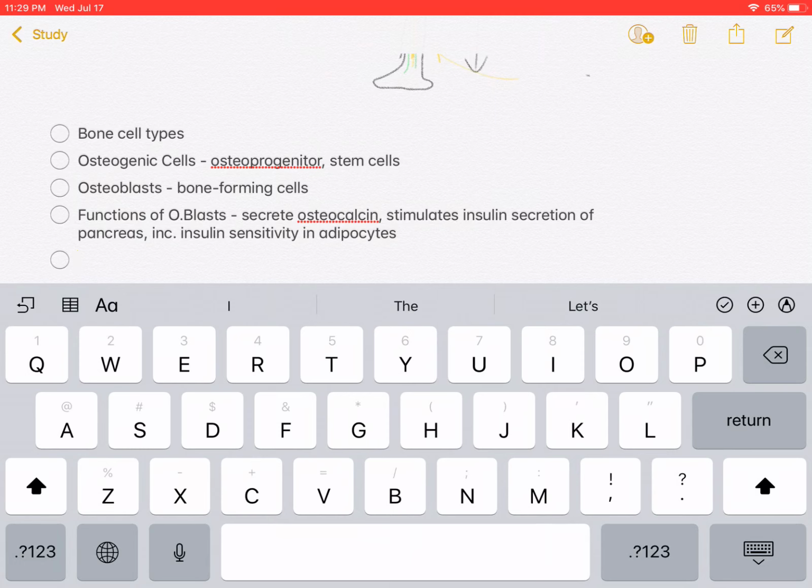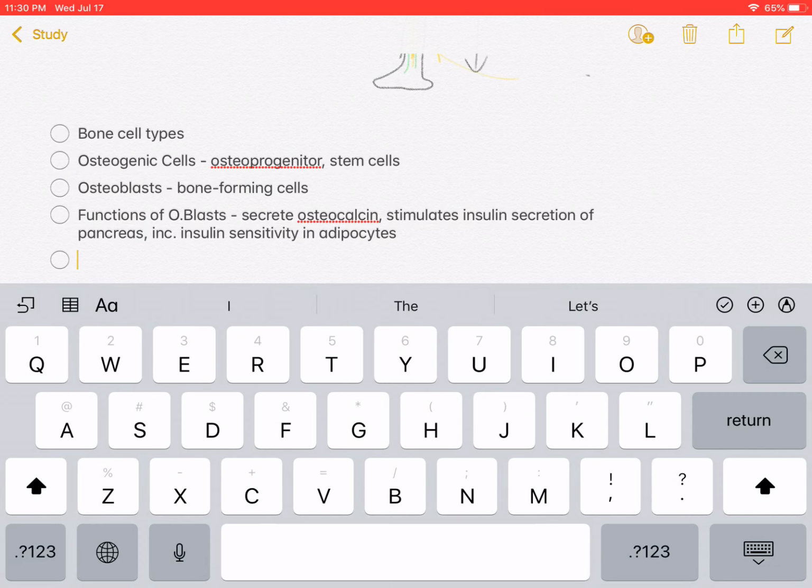Two of those functions have to do with insulin. You're stimulating the insulin secretion of the pancreas, and you're also increasing the insulin sensitivity in the adipocytes. To keep going deeper and deeper, you definitely have to. And once you're there, you can use these flashcards to jog that memory.